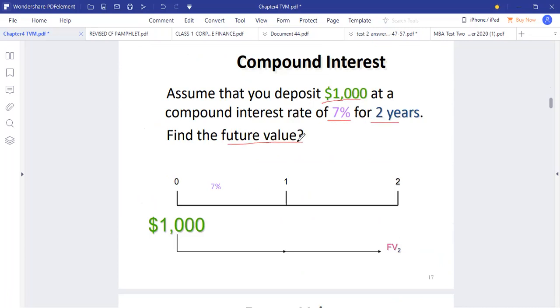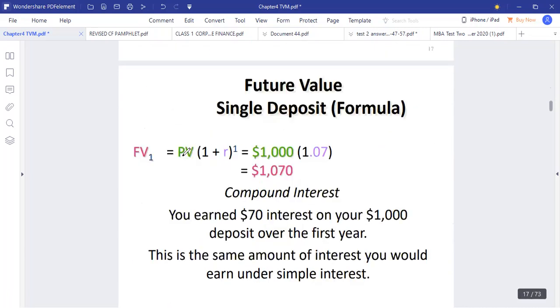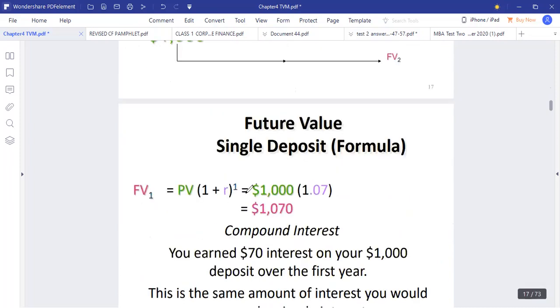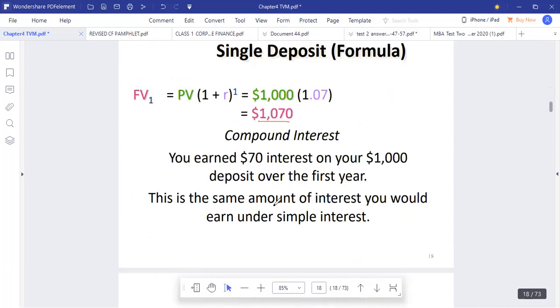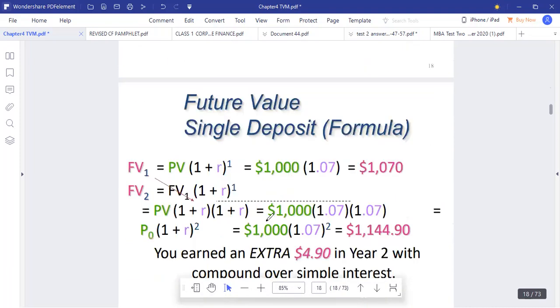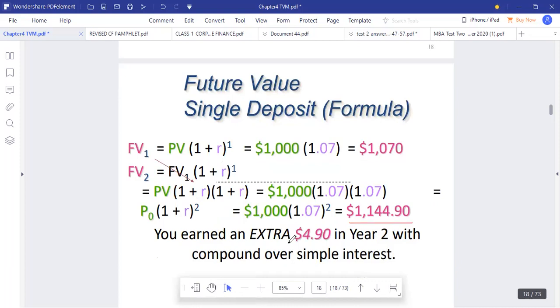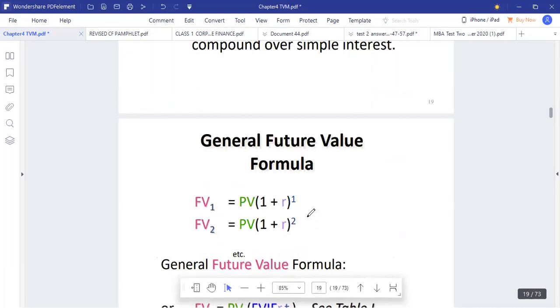What is the future value under compound interest? Present value times 1 plus r to the power time. In the first year, it will give you 1070. In the second year, it will give you 1144. So the difference between the 1144 and the 1,000 is what we call the compound interest.